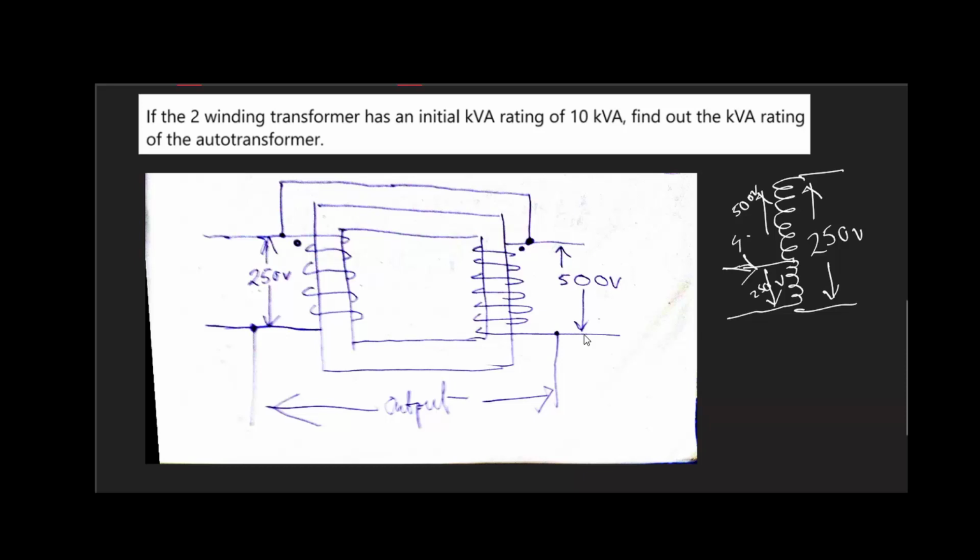So the beauty of this question is, which one is correct? The input and output kVA must be the same. We can't have different kVA consumed by input and different kVA delivered by output. Isn't it so? Then where did we make a mistake, or have we overlooked something that should be considered here?